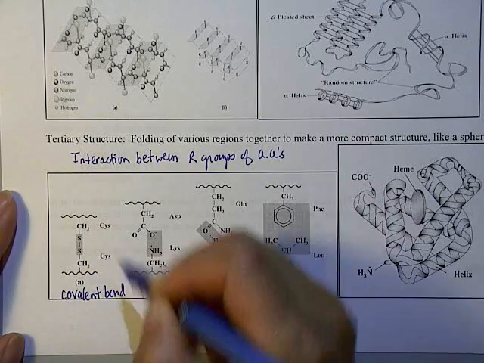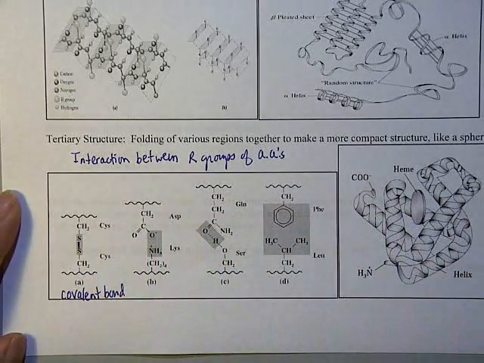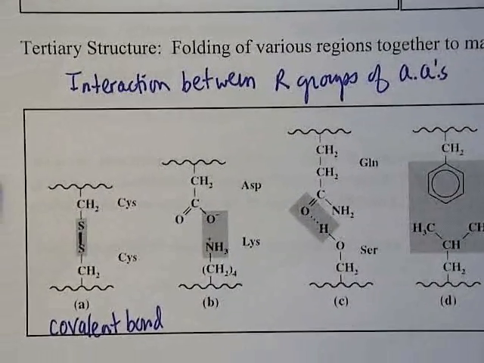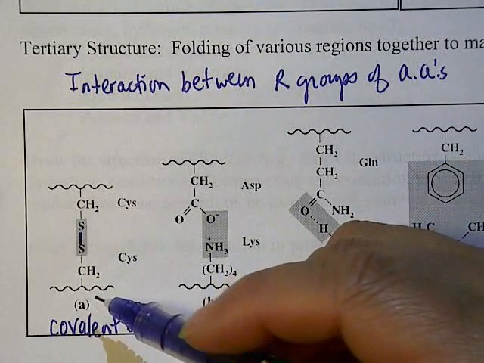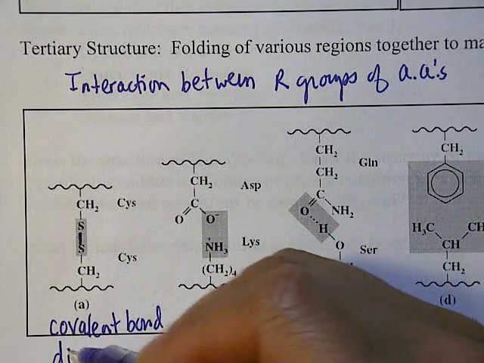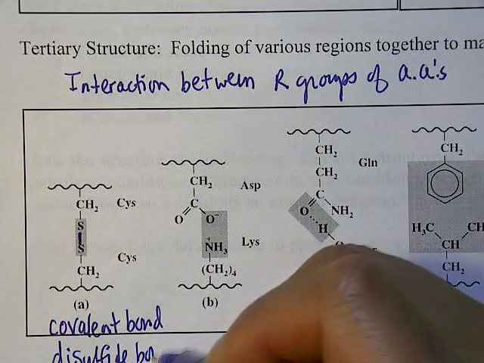In other words, the two electrons are shared between the sulfur and the sulfur of the cysteine, and so because two each are shared and it's a covalent bond, it's a pretty strong bond. So this is a disulfide bond.